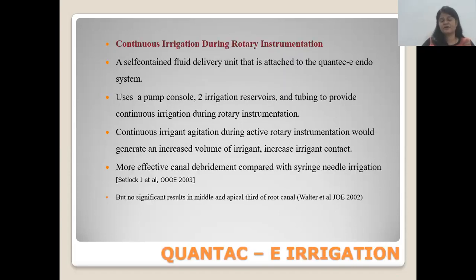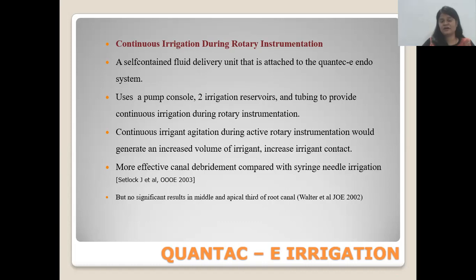Another irrigating method is the contact irrigation method, which is also known as continuous irrigation during rotary instrumentation. It is a self-contained fluid delivery unit that is attached to a contact endo system. It uses a pump console with irrigation reservoirs and tubing to provide continuous irrigation during instrumentation itself.